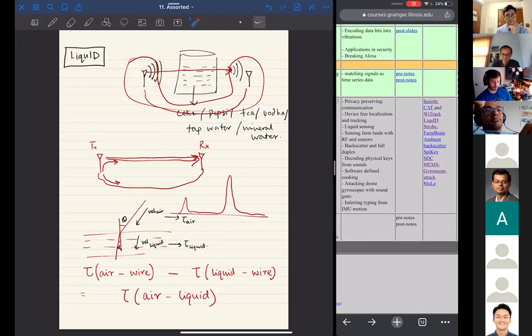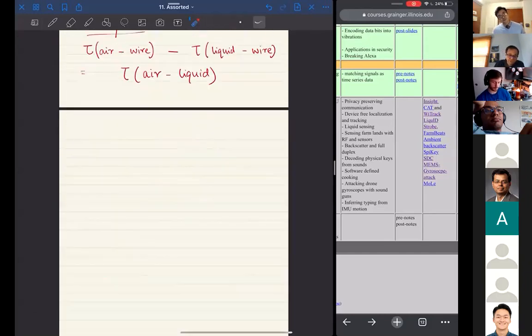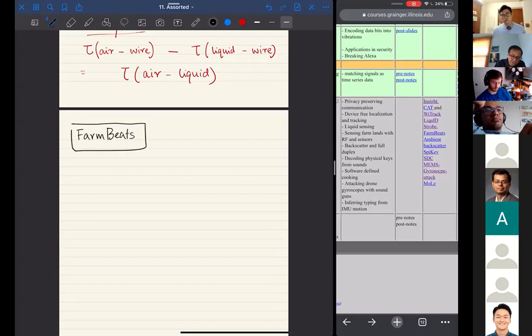Okay. Great. And I'll finish in 1 minute. On a final note, these kind of applications have also been used in farming. There is this project called FarmBeats from Microsoft, which has recently been very exciting in the sense that they want to do digital agriculture.